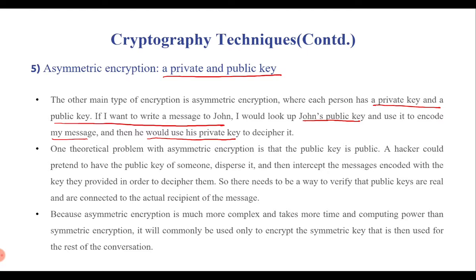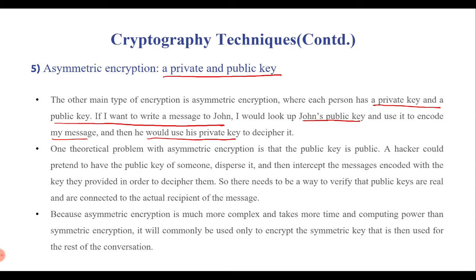So here we are using two different types of keys. One is the private key and the other is the public key. So what happens is the public key of the receiver is used in order to encrypt the message, and the receiver will use the private key of itself in order to decrypt it.